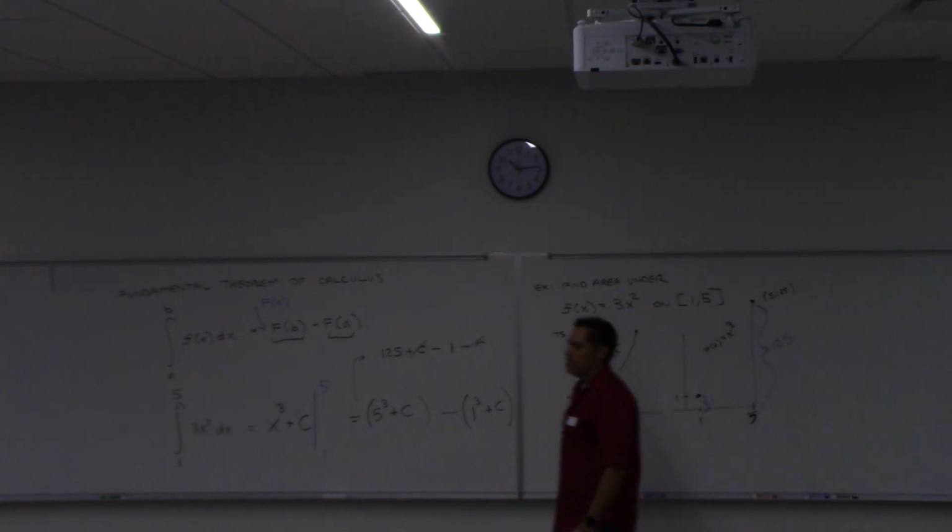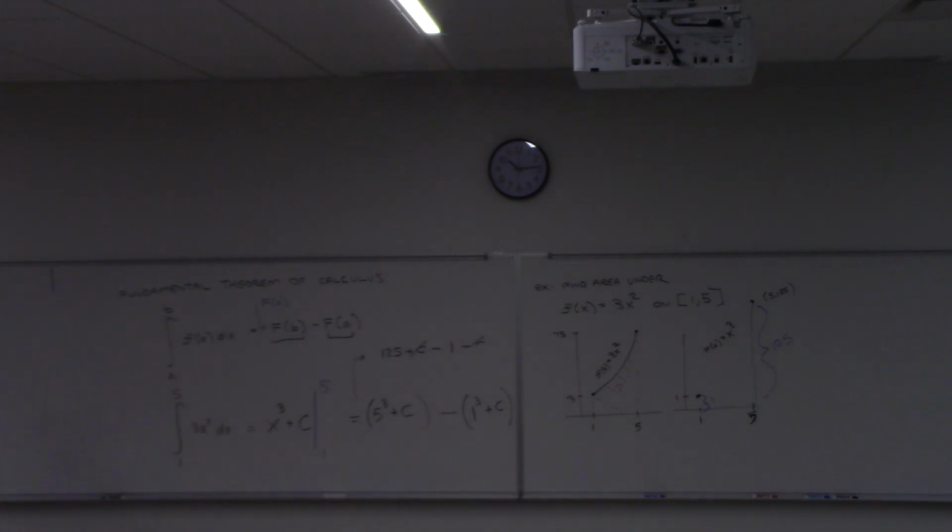So it's a little harder to see it, but this blue area under here is equal to the height of this point, which is the antiderivative. It's that height, which is 125. Take away the height right there, which is 1. And 125 minus 1 is 124.